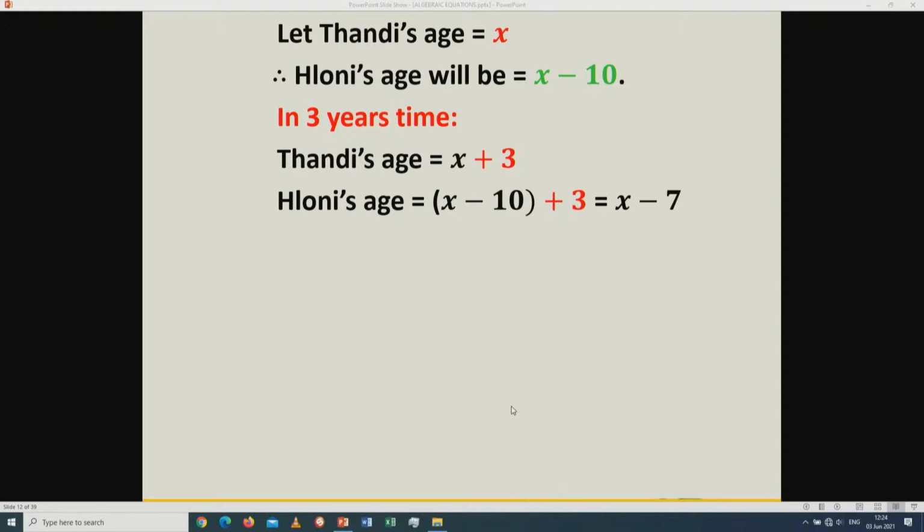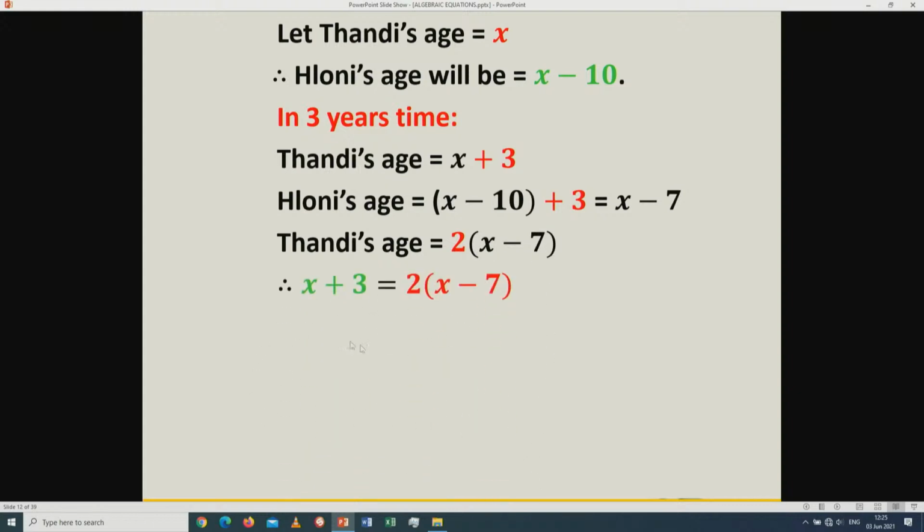Now, Thandi's age at that time will be 2 times Hloni's age. Hloni's age is x minus 7, therefore Thandi's age will be 2 times x minus 7.